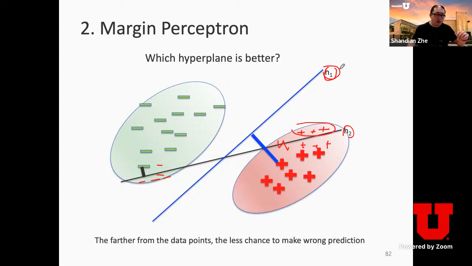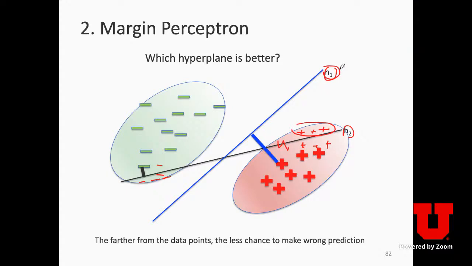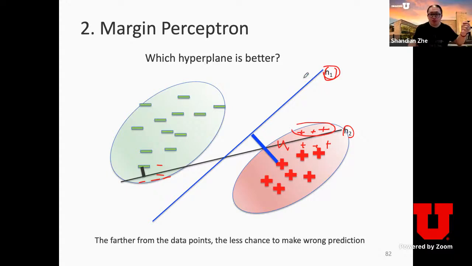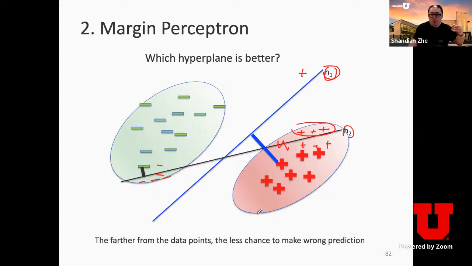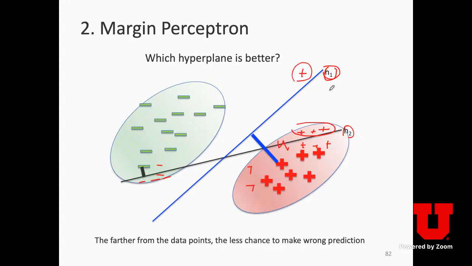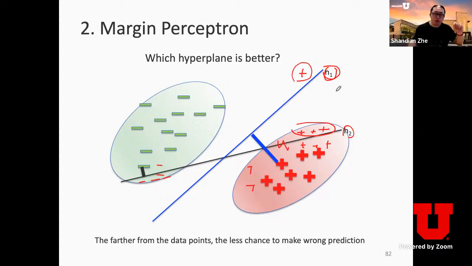So it's very unlikely that H1 is going to go through or nearby the high density regions. So if we use H1 to make predictions, it is highly unlikely that some positive example will appear here. Why? Because it is a low density region. In most cases, positive examples will just show up in this ellipse area, right? It is very unlikely that some new positive example shows up here. That means the chance H1 makes a wrong prediction is very low, much lower than H2.